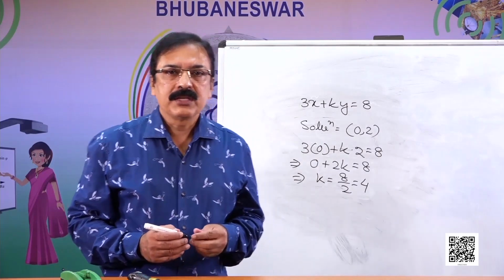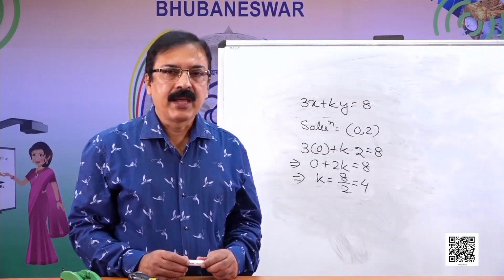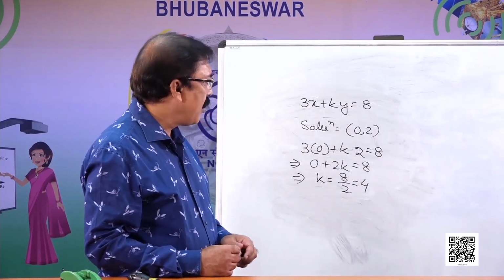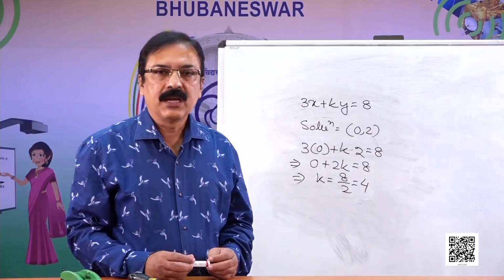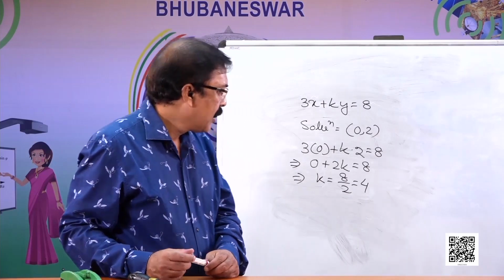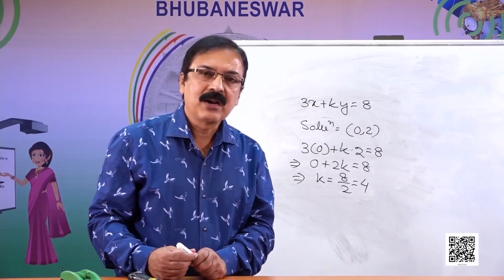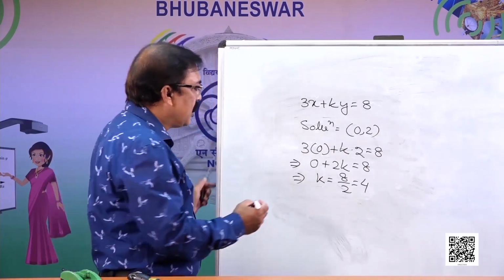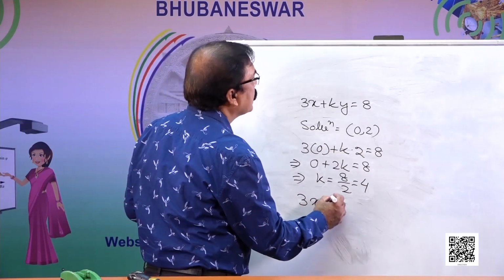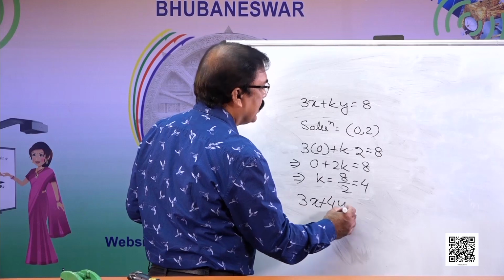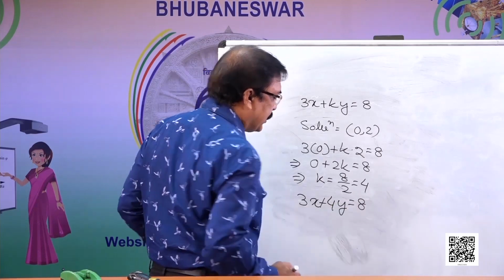So this is the value of k for the solution 0, 2 to this equation. The value of k is 4. So what will be the equation? The equation is like this: 3x plus 4y is equal to 8.